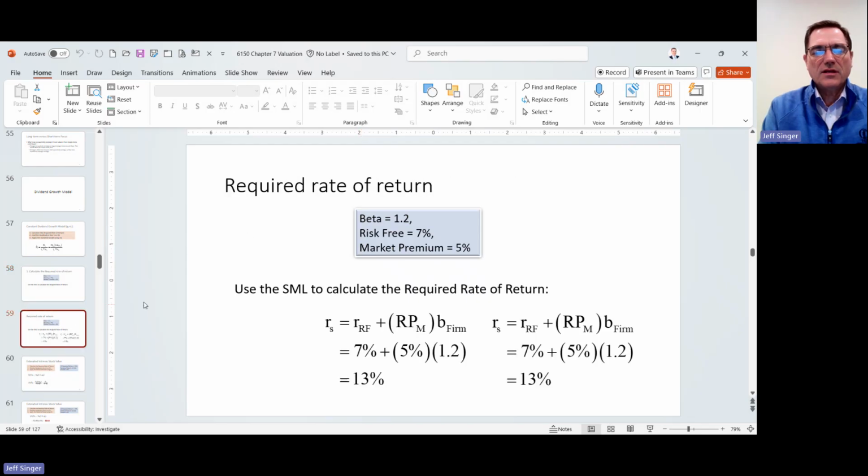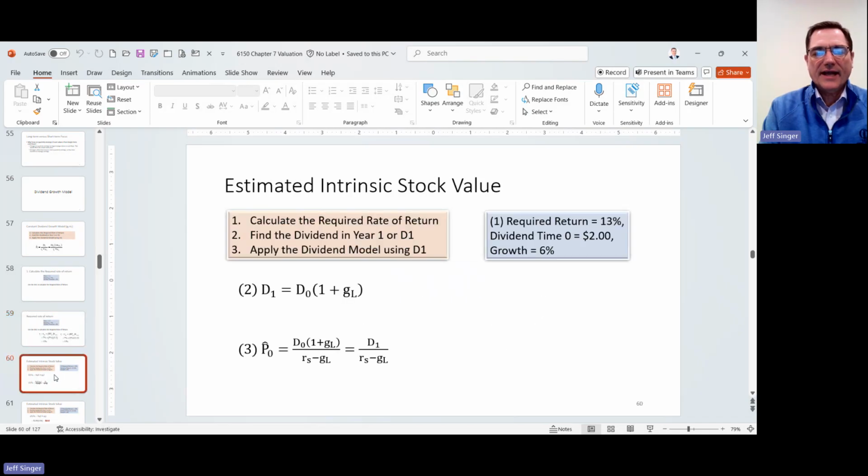Okay, so if we're going to use the CAPM, or the security market line, to figure out the rate of return, we just plug those numbers into our formula: 7% plus 5% times 1.2, which is equal to 13%. So that's the required rate of return on this company. Once we've found that, you can see in my blue box, the required rate of return is 13%.